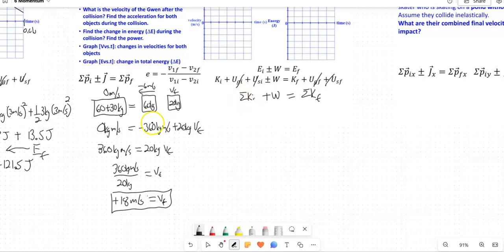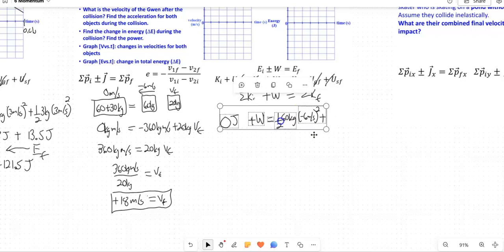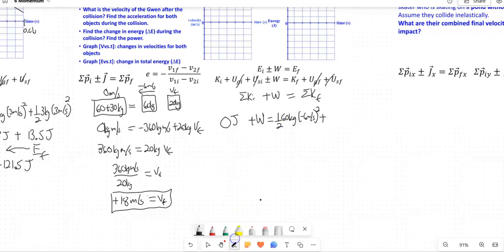So in the beginning, since they are not moving, I'm just going to put 0 joules plus work, and that's going to be equal to the final kinetic energy, which is going to be 1/2 times 60 kilograms times -6 meters per second squared, plus 1/2 times 20 kilograms times 18 meters per second squared. That's a lot of kinetic energy.